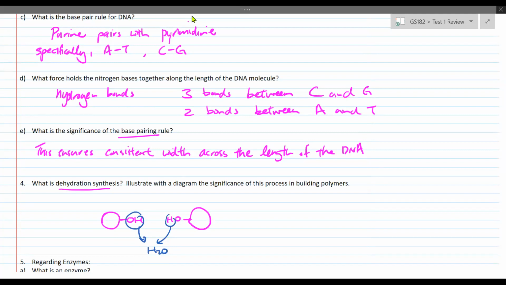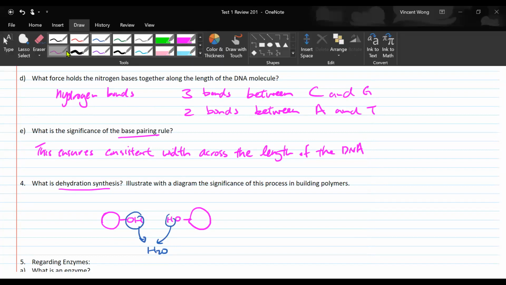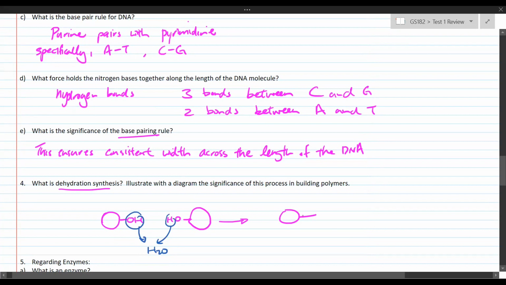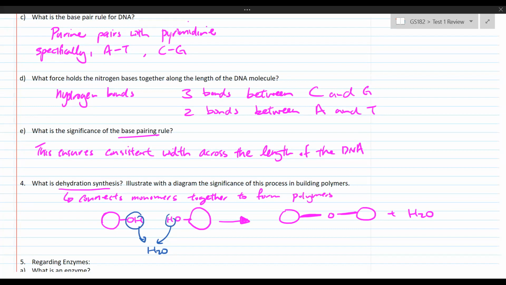In the end, you take out a water, but more importantly, you create a link that connects them together. So dehydration synthesis connects monomers together to form polymers.